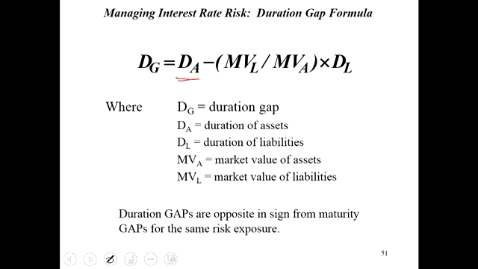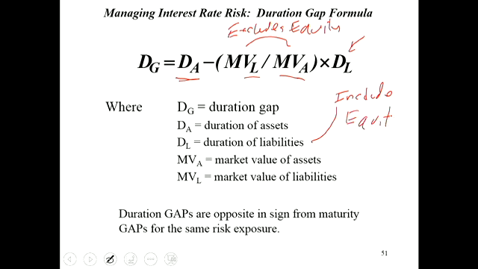Now, there's a funny thing in here, and I haven't actually figured out a good way to actually explain this, is that when you actually do this weighting here, that excludes the equity. Okay, so market value of the liabilities divided by the market value of the assets. But when you calculate that, you actually include the equity in there at a zero.